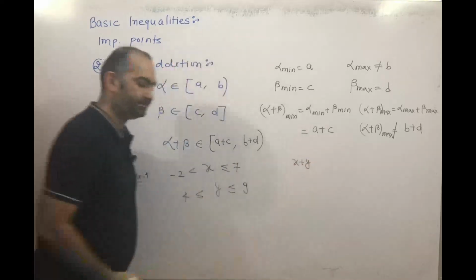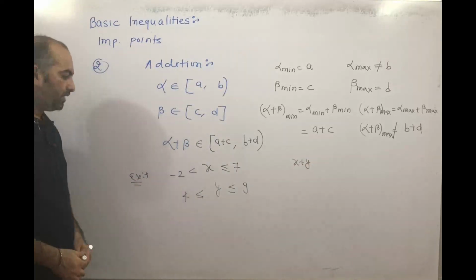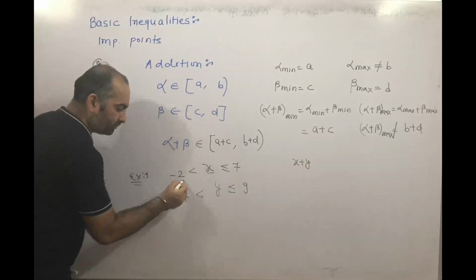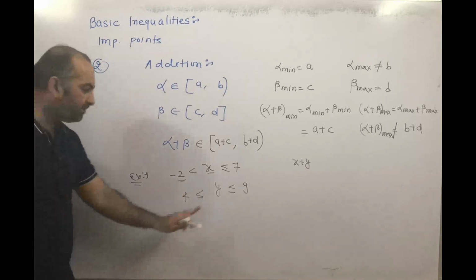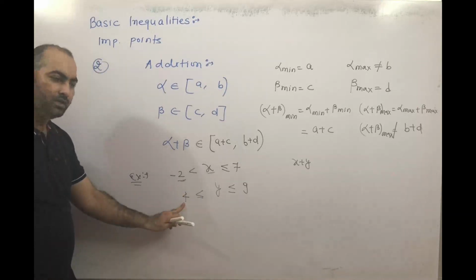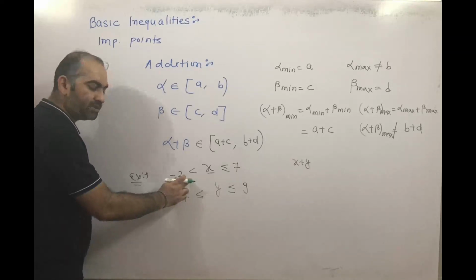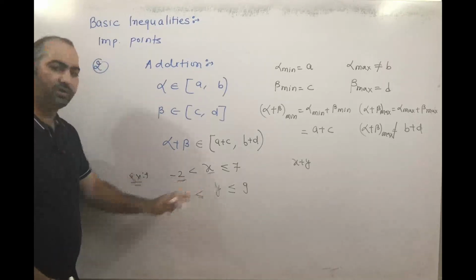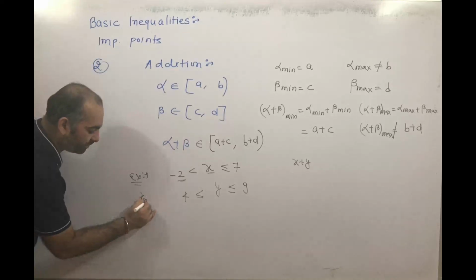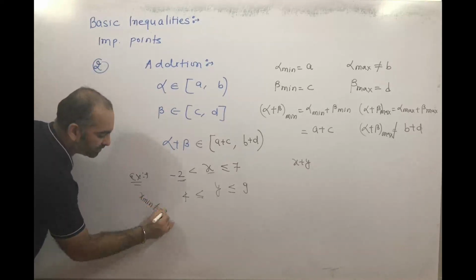So directly we can do, what is the minimum value of x? -2. And what is the minimum value of y? That is 4. So here we can say that equal to sign is not there. That means x minimum is not equal to -2.